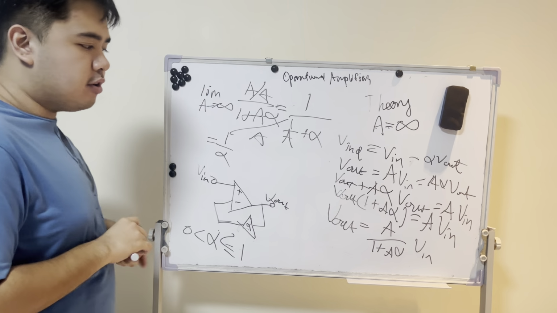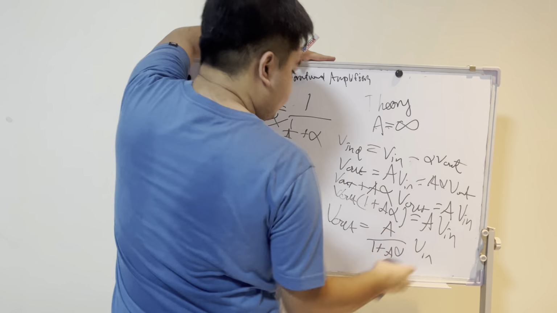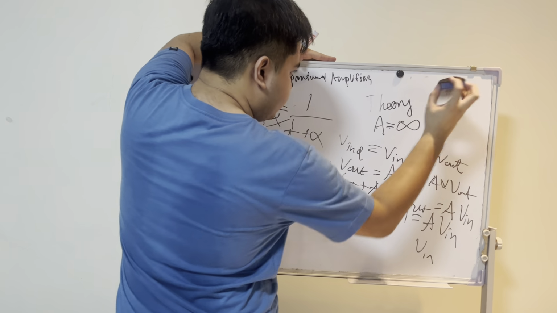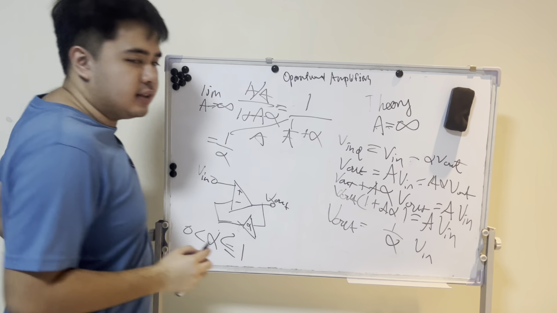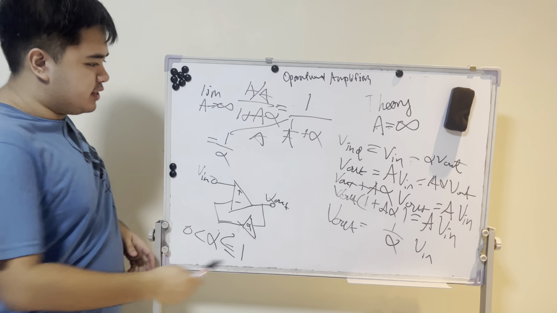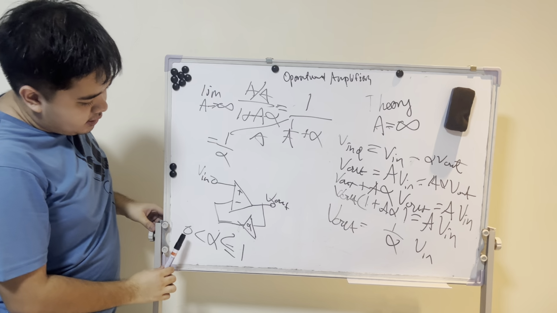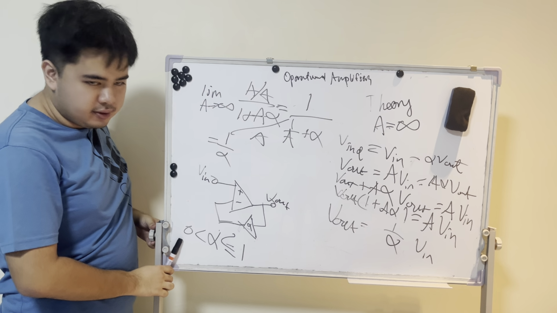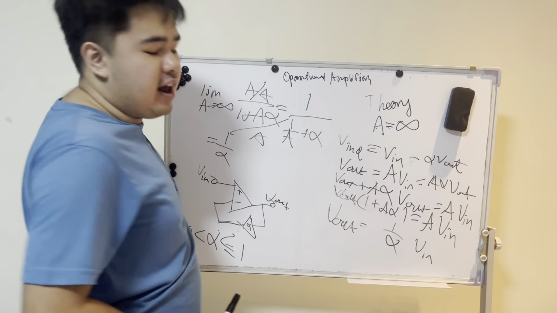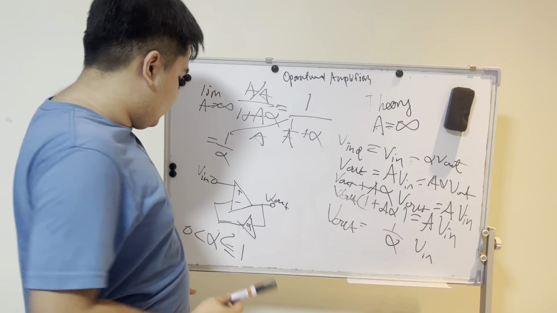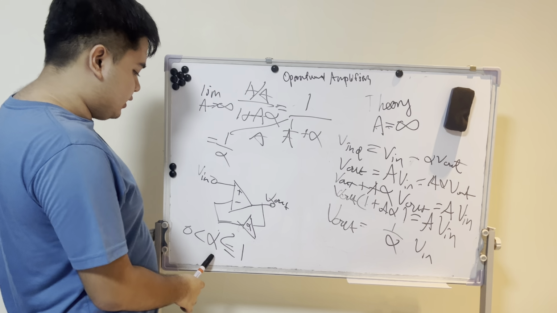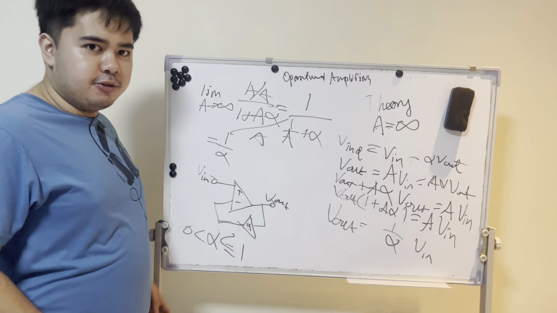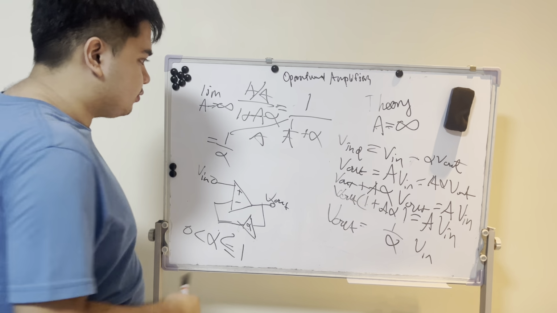So A over 1 plus A alpha is just 1 over alpha. And since alpha is greater than 0, that means 1 over alpha is a finite value. It is only infinite if it is 0, right? If it is equal to 0, which we don't want because that's undefined.